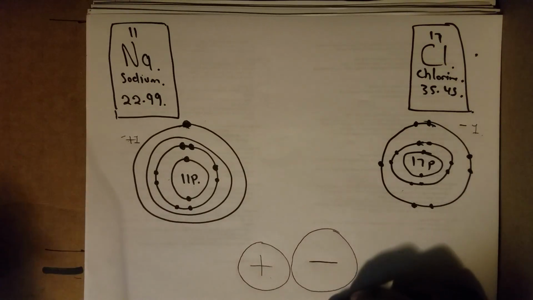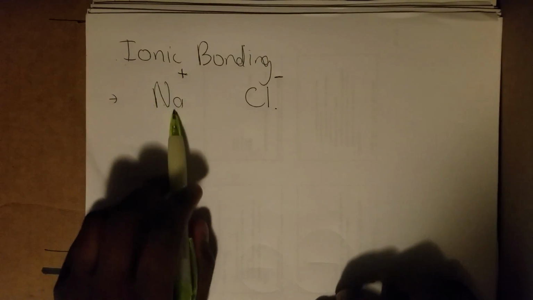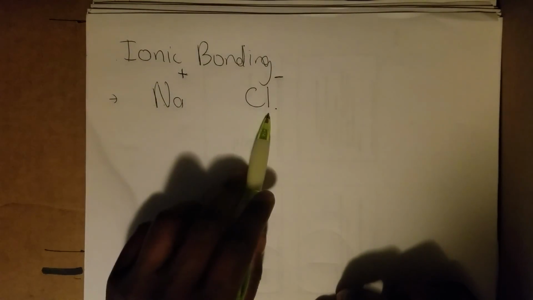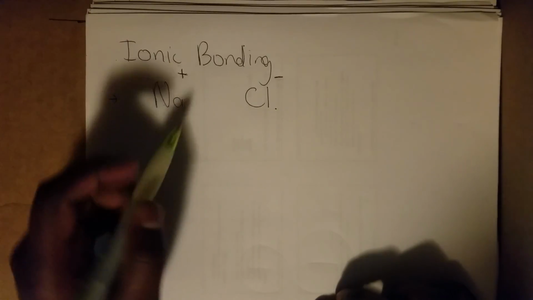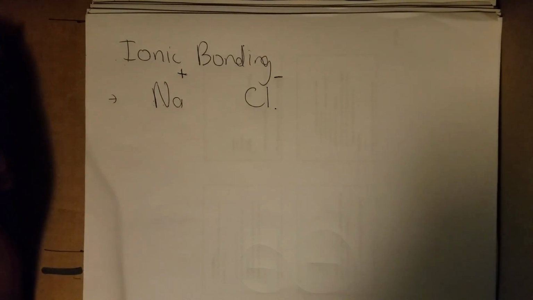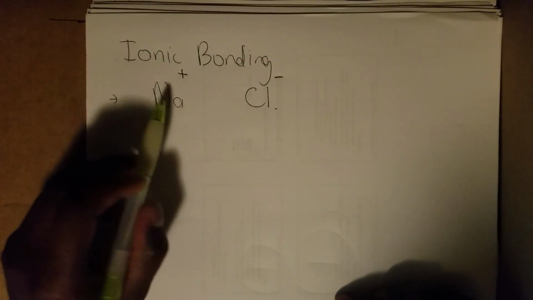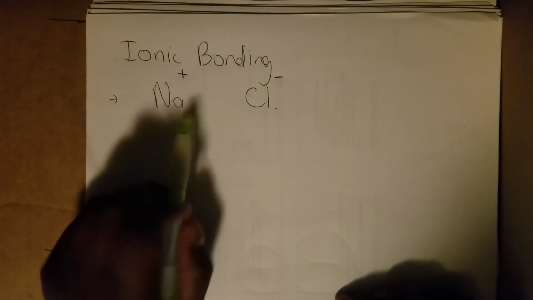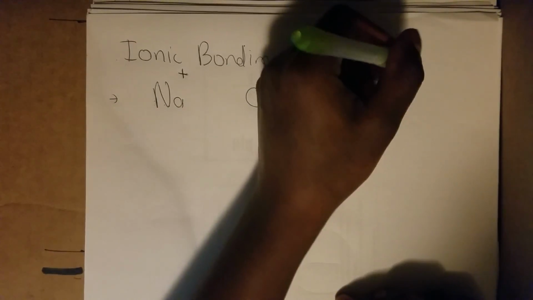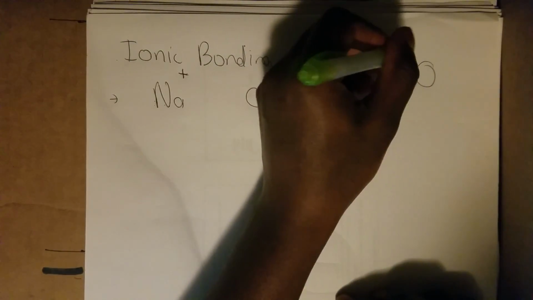So this is how we write it in symbol form. NaCl, the two coming together. When this happens, because it's bonding with charges, at this point now you have to try to neutralize the charges during bonding, because during bonding a sodium atom and a chlorine atom, for example, would bond with negative and positive charges.